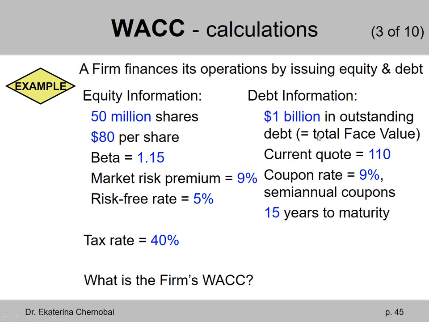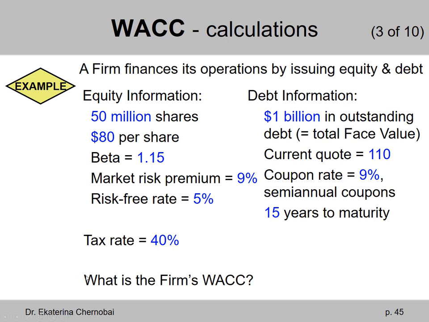In parentheses, I explain that this is nothing but the total face value of all bonds. Then we know current quote equals 110, coupon rate equals 9%, semi-annual coupons, 15 years to maturity. And we are also given the tax rate for this firm in the amount of 40%.